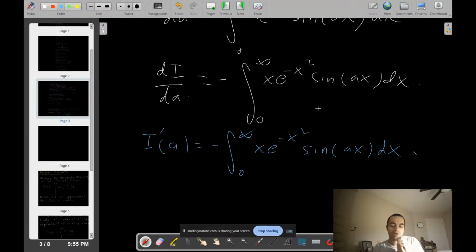Now we have a problem. One of the problems is that we have a product of x e to the negative x squared times sine ax dx. So we have a mess.